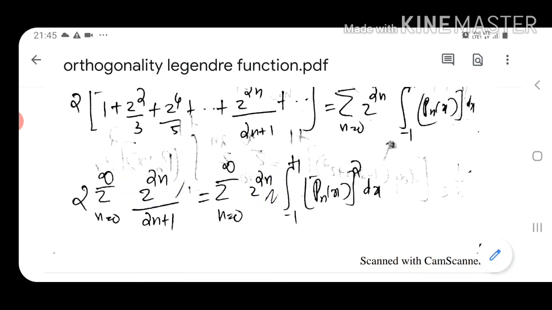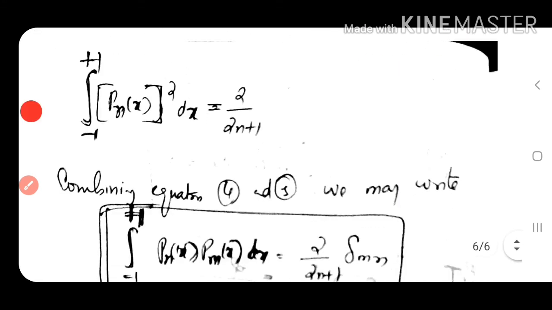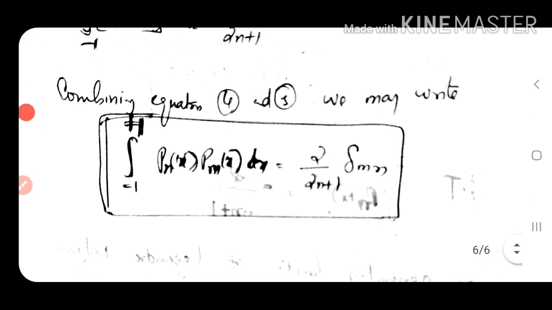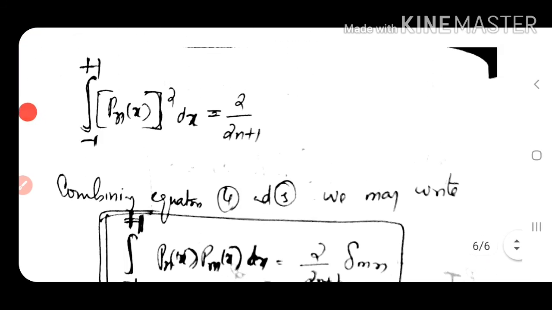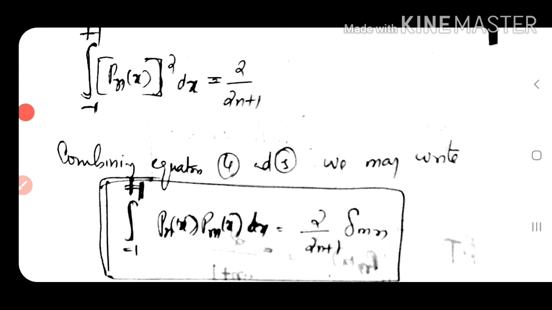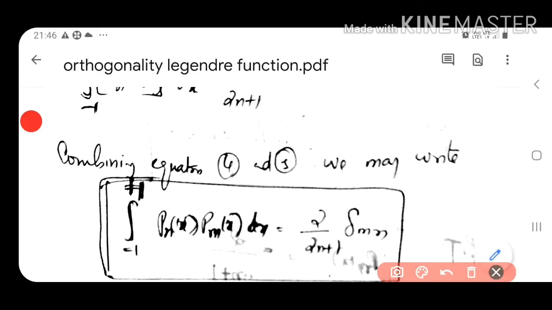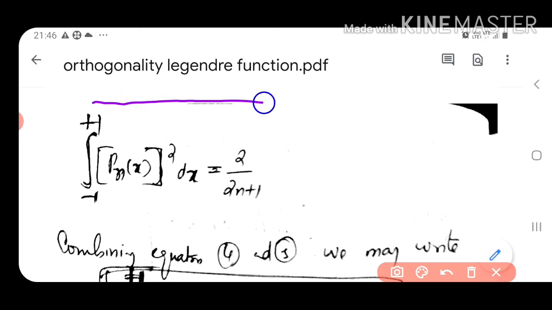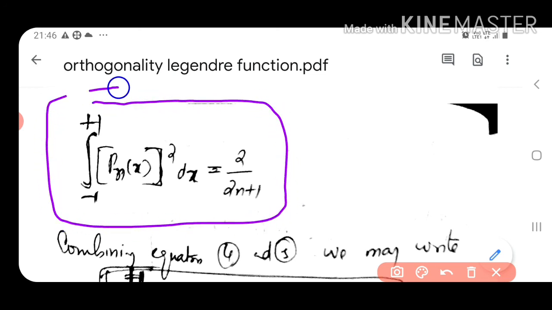As we compare, you will get the integral from minus 1 to plus 1 of Pn(x) square dx equal to 2 by 2n plus 1.